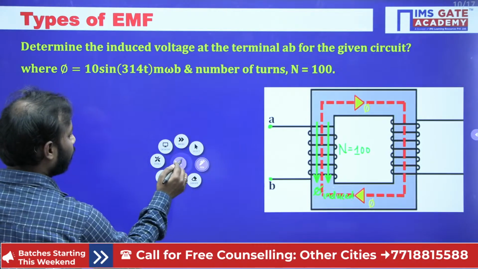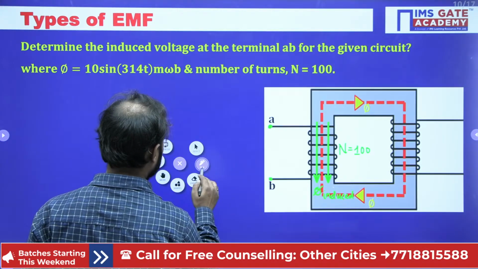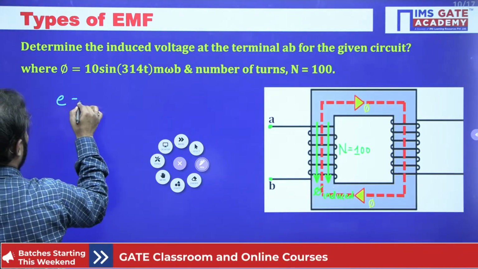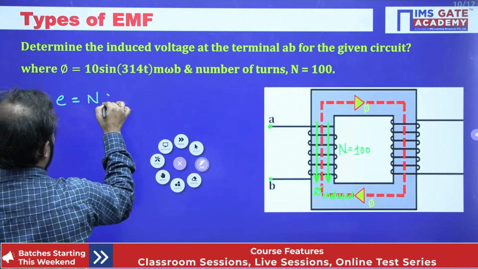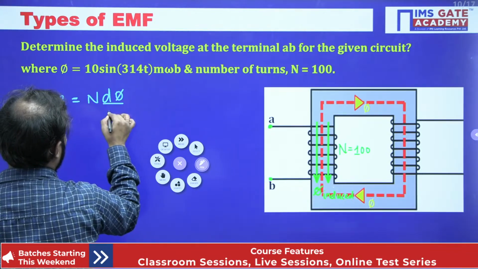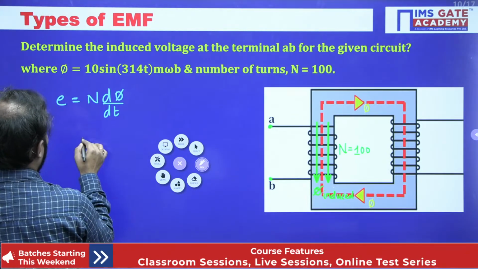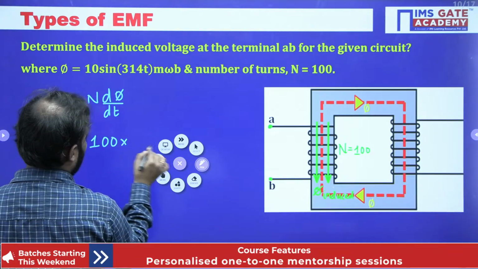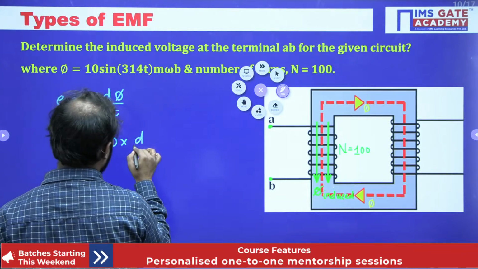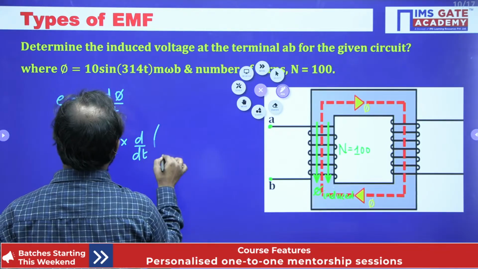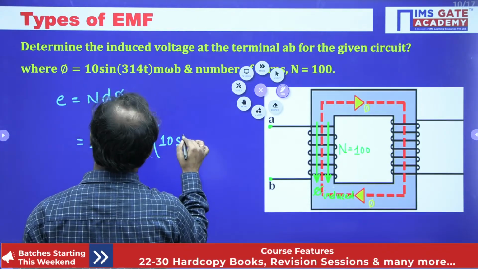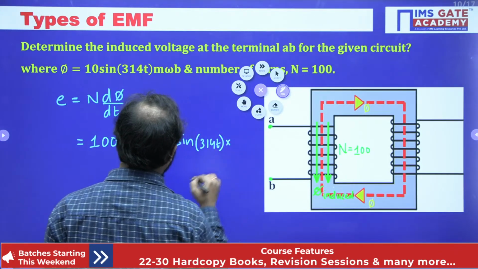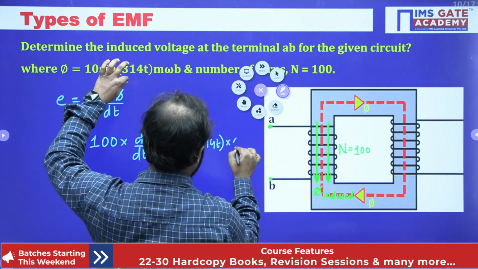So here E will be equal to n d phi by dt. N is given to me, which is 100, into d by dt. What is phi? 10 sine 314t into milliweber, so 10 to the power minus 3.